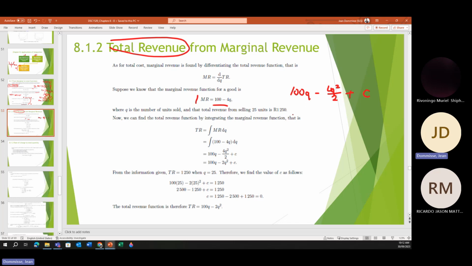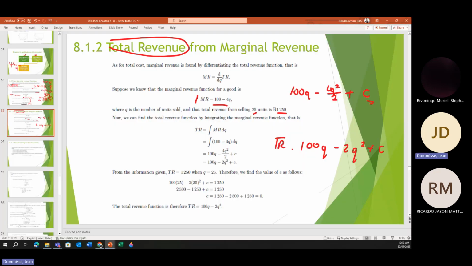Then, yes, they give us a bit of information around that. So they tell us that where Q is the number of units sold and that total revenue from selling 25 units is 1,250. Okay, so we could have calculated C again by, let's just quickly simplify this. Okay, so that is total revenue.